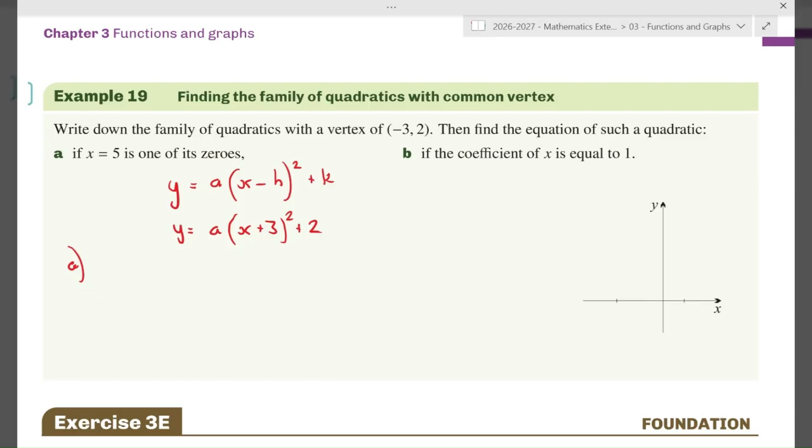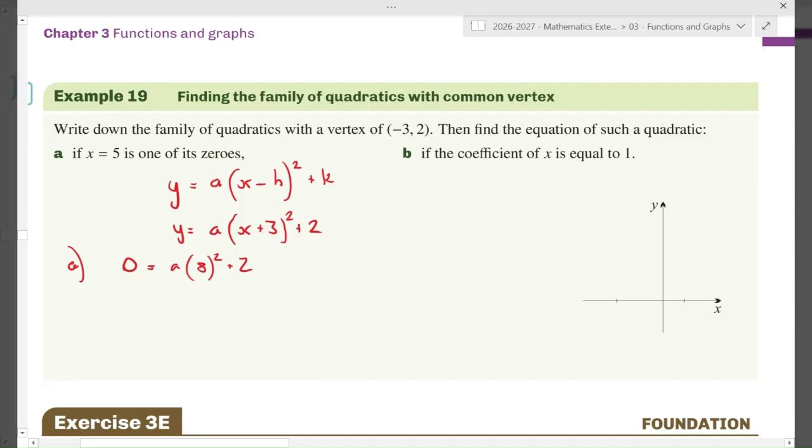y is 0. So what we do is substitute that in. So we get 0 equals a outside of x plus 3 all squared plus 2.